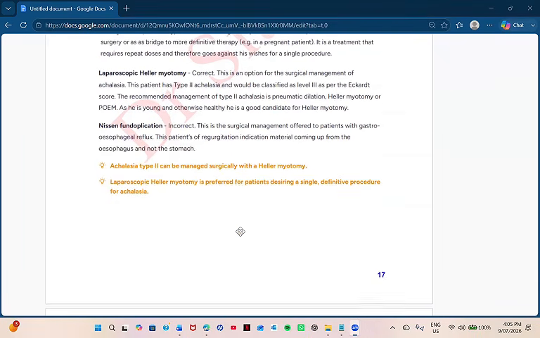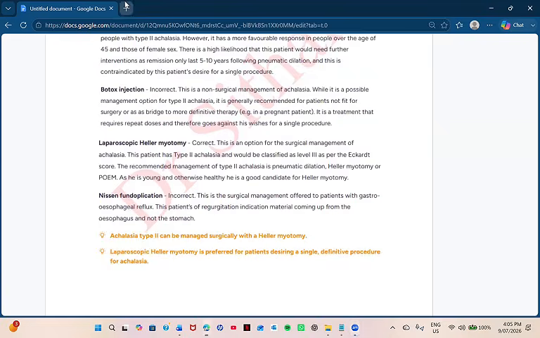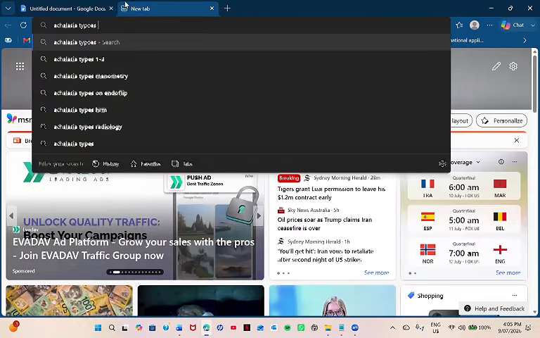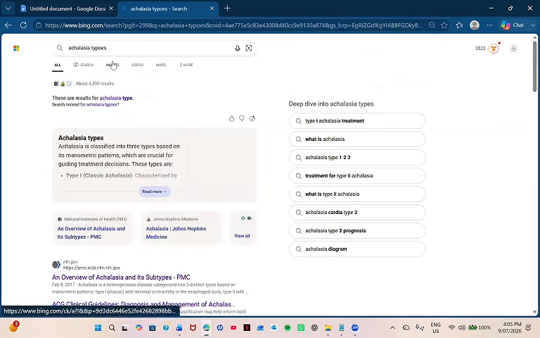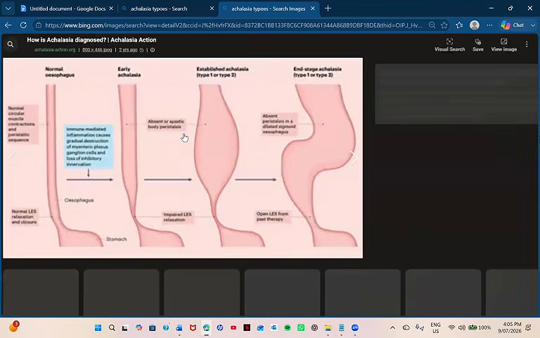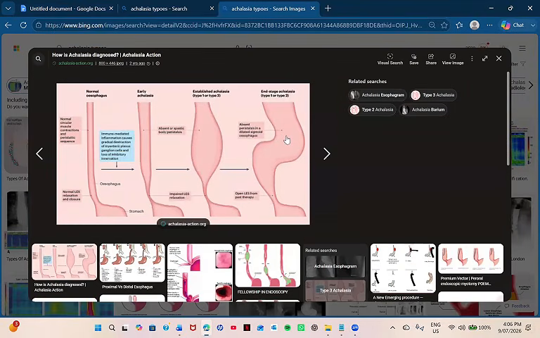Okay, I'll show the achalasia types only to get an idea. If we get the topic, I will explain.